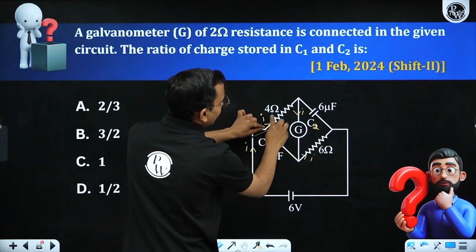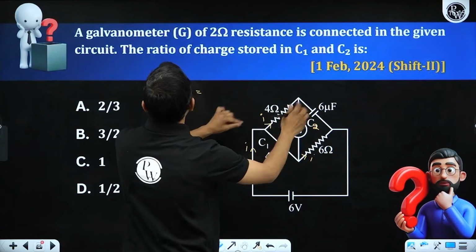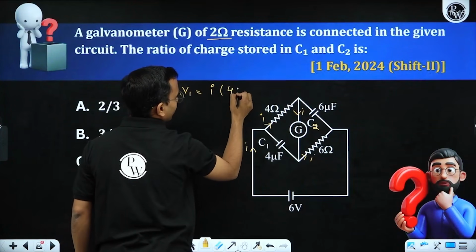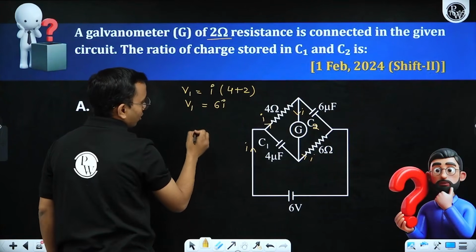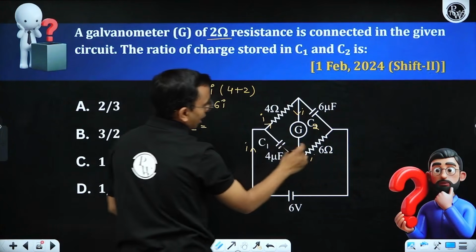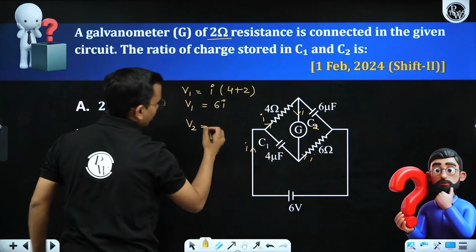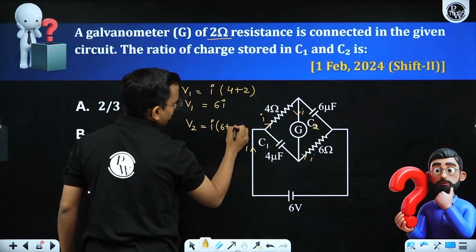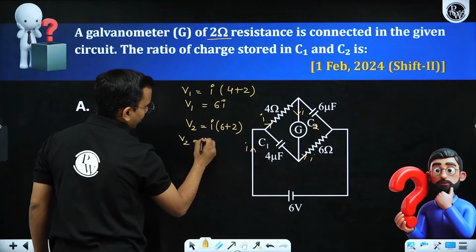That is I into galvanometer resistance plus 4 ohm. How much is galvanometer resistance? 2. So I into 4 plus 2, 6I. This is V1. What is V2 across this C2? I into 6 plus G, 2. So V2 is 8I.